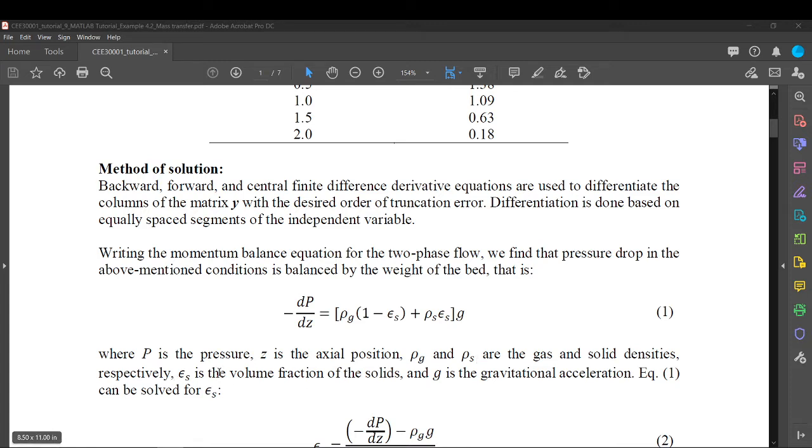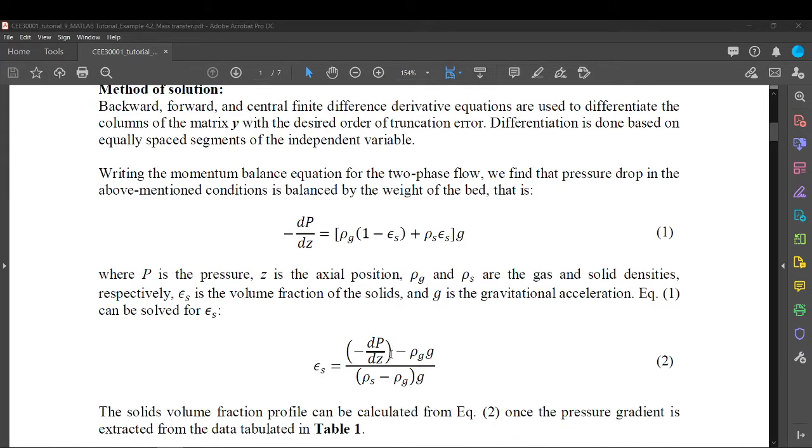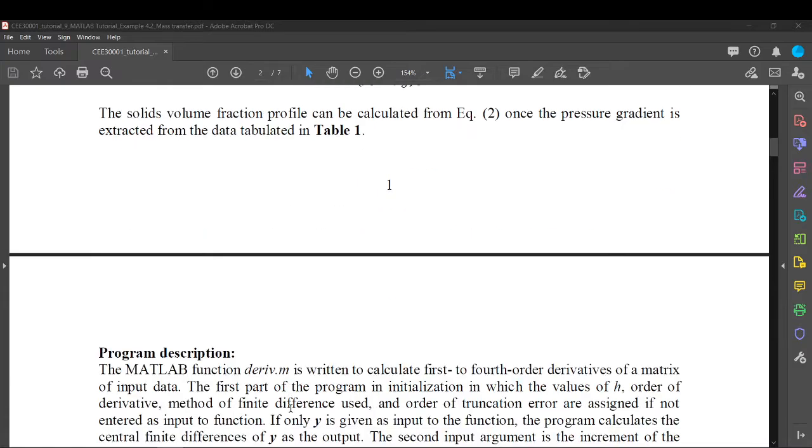Epsilon S is the volume fraction of the solids, and G is the gravitational acceleration. Equation 1 can be solved for epsilon S with equation 2. So the solid's volume fraction profile can be calculated from equation 2 once the pressure gradient is extracted from the data tabulated in Table 1.